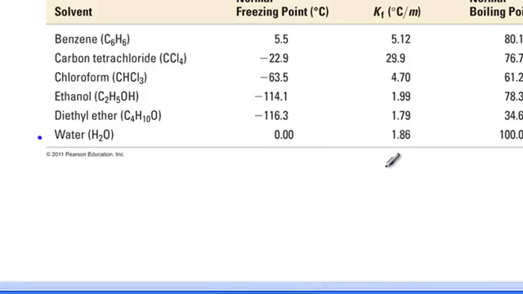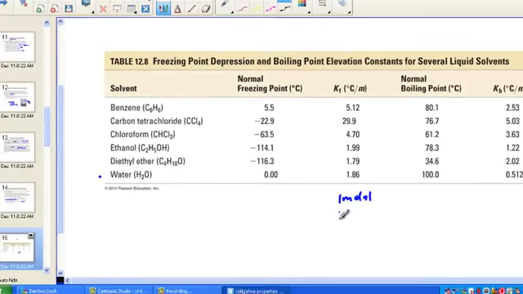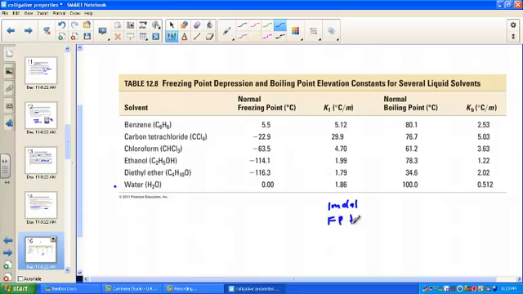The K constant now tells me that for every 1 molal solution, the freezing point is going to lower by 1.86 degrees Celsius. That's what this constant means. See those units, degrees Celsius per molal.